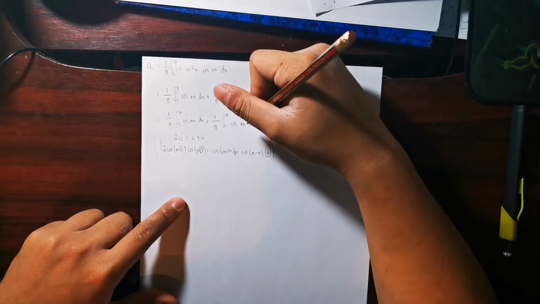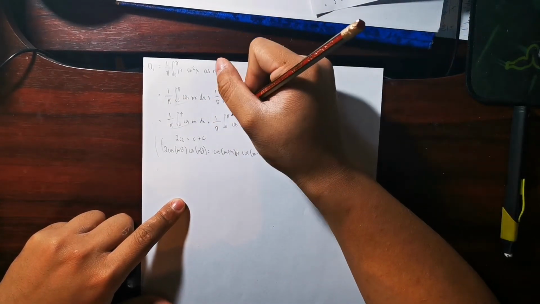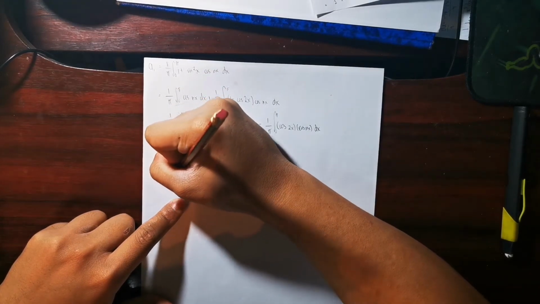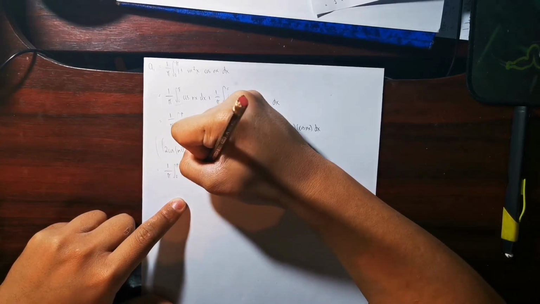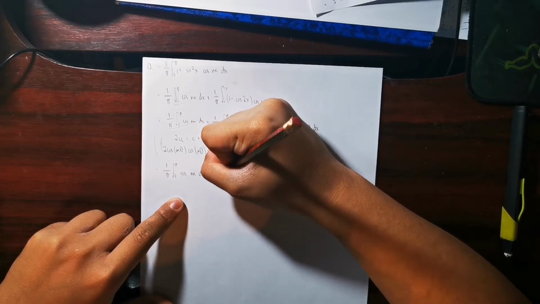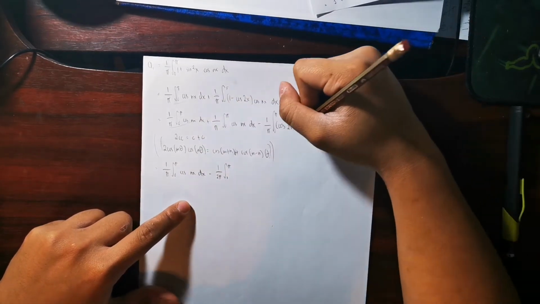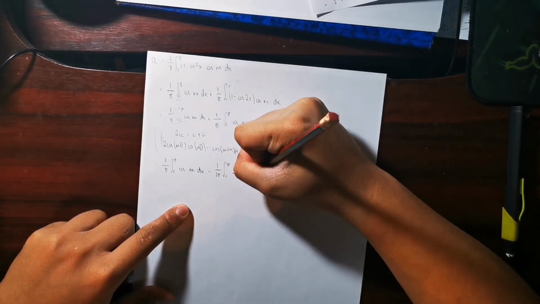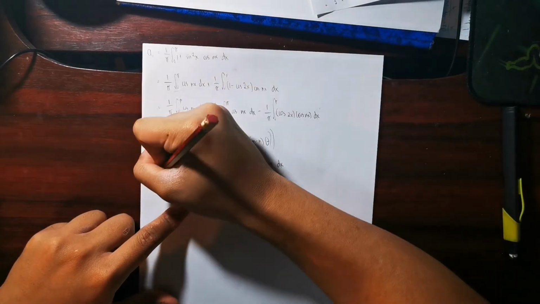So our first term will remain as is. Okay, so we'll remain with 1 over pi integral from 0 to pi cos x dx minus 1 over 2 pi integral from 0 to pi of 2 cos 2x cos nx dx.